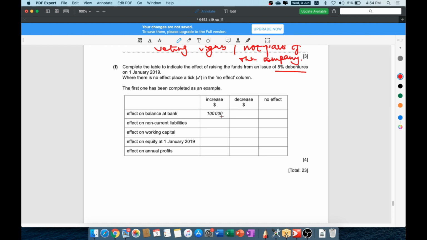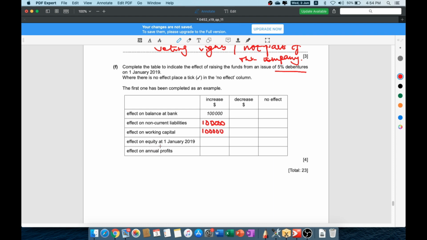That increases our bank by $100,000, and then our non-current liabilities are also going to increase by $100,000 because we owe the $100,000 to whatever bank or person we took the debenture from. And the same goes for working capital, because the liabilities increase, and so we have more money to work with. The $100,000 we can invest somewhere, so that is capital for us. So the working capital increases by $100,000.